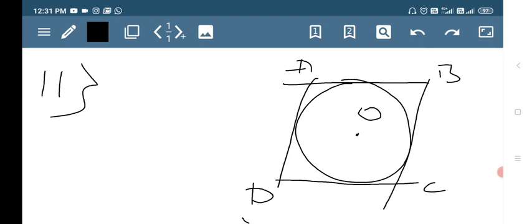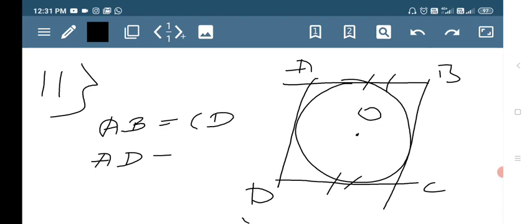First thing, as we know, ABCD is a parallelogram, right? So AB is equal to CD because opposite sides of a parallelogram are equal. One more thing, AD is equal to BC, because these are the other pair of opposite sides of a parallelogram.